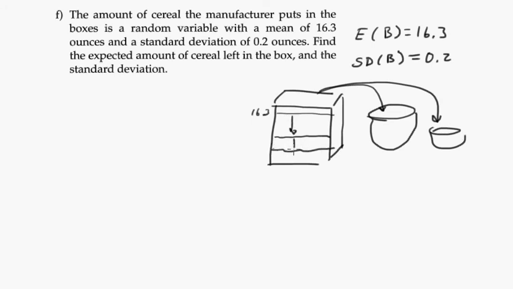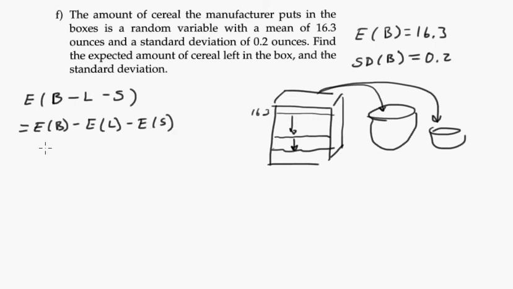So I believe what they're asking us to find is the expected value of the box minus the large bowl minus the small bowl. So that's just going to be the expected value of the box minus the expected value of what's in the large bowl minus the expected value of what's in the small bowl. So if this is 16.3, then this is going to be 2.5 minus 1.5, so we're going to get 12.3 ounces.